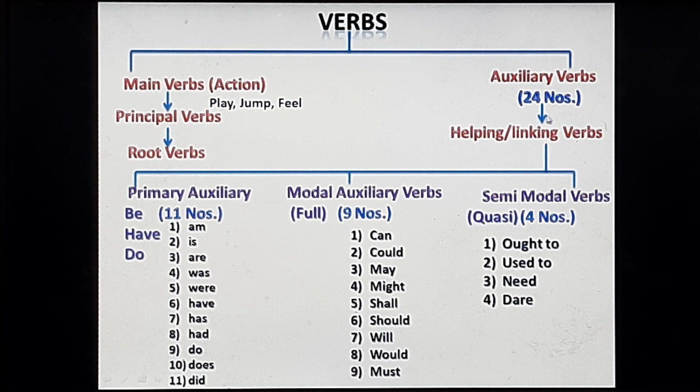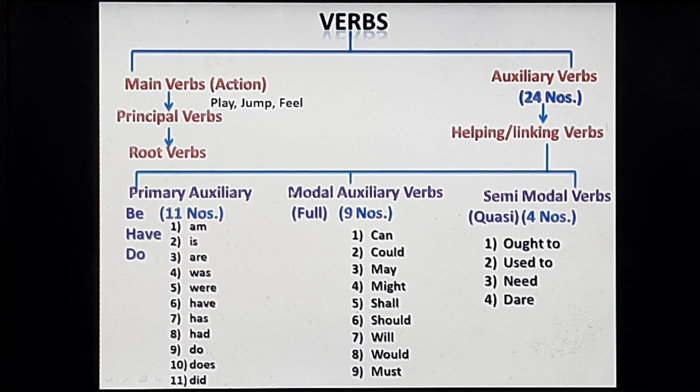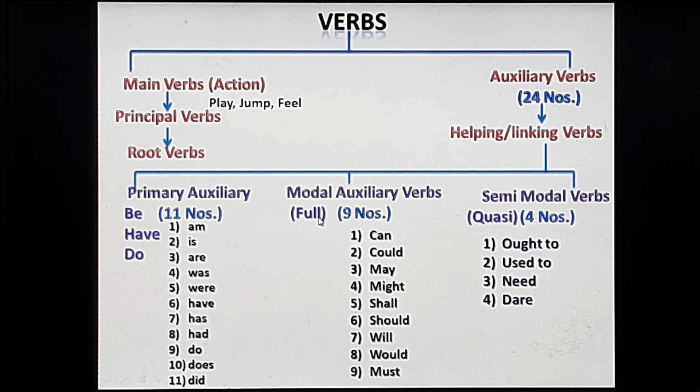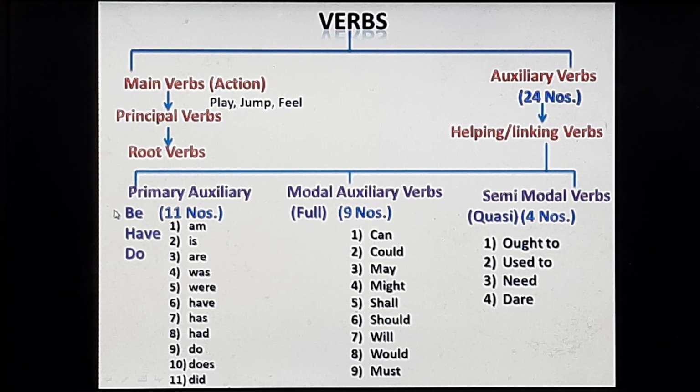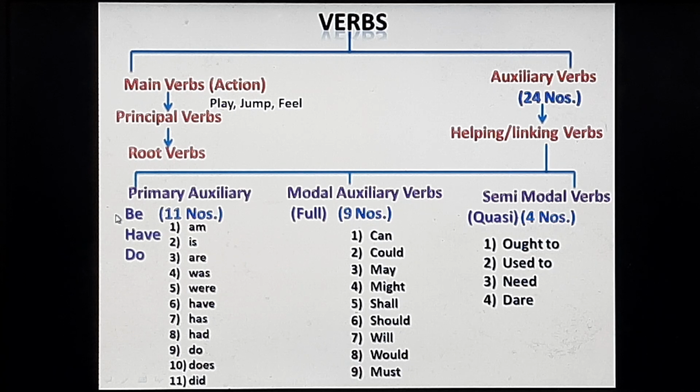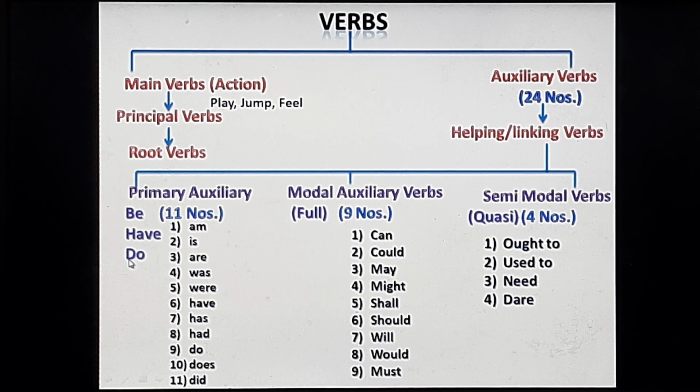Now, there are 24 in number and they are categorized into three: the primary auxiliary, which are 11 in number, the modal auxiliary verbs, which are 9 in number, and the semi modal or the quasi modal verbs, which are 4 in number. Now, the primary auxiliary includes the be verb, have verb, and do verb.